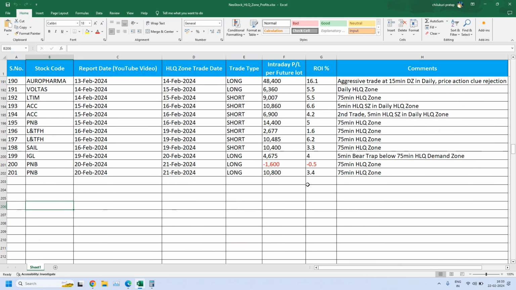All these are high liquidity zones suggested by our software. I am maintaining this Excel sheet to check the performance of our software. I am not maintaining this sheet to show you my trades. I am not supposed to show you my trades. I will never show you my trades.